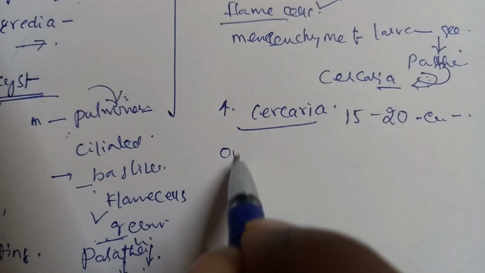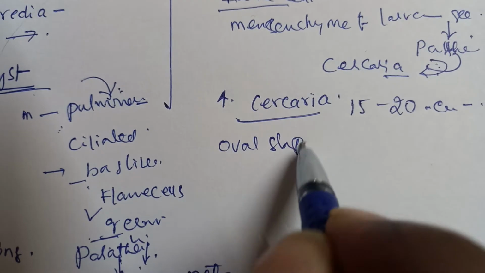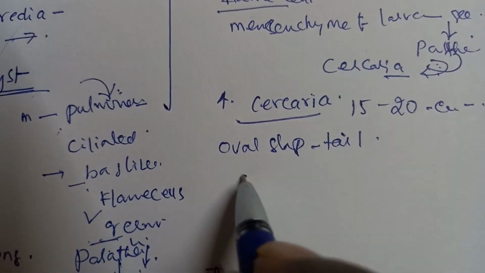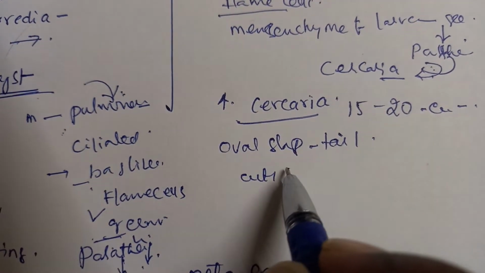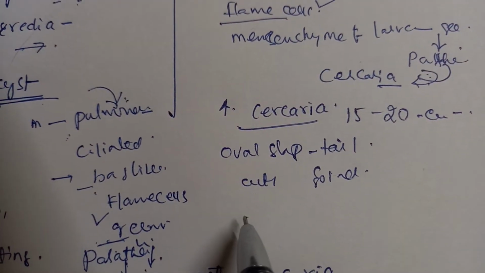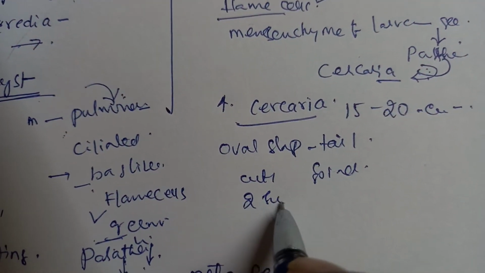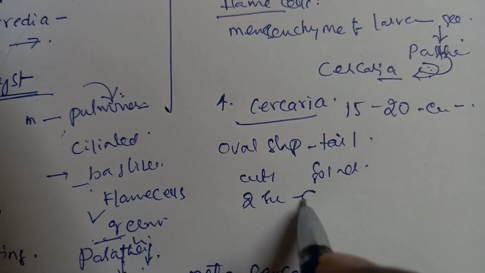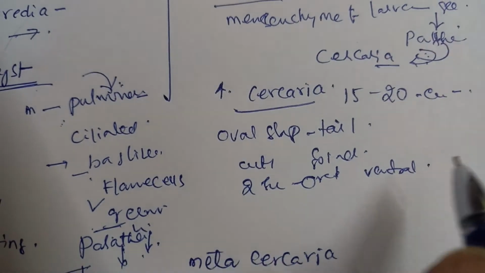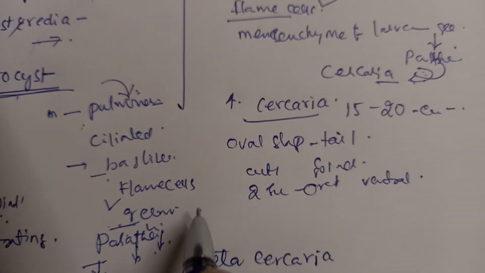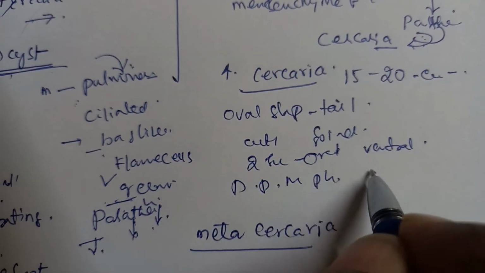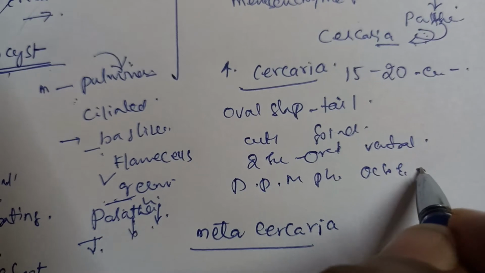So this Radia larva will give rise to 15 to 20 Cercaria larvae. These are all oval in shape with a tail, and the cuticle shows backwardly directed spines, and two suckers are present, the oral sucker and the ventral sucker. The digestive system is present with the mouth, pharynx, esophagus and intestine.